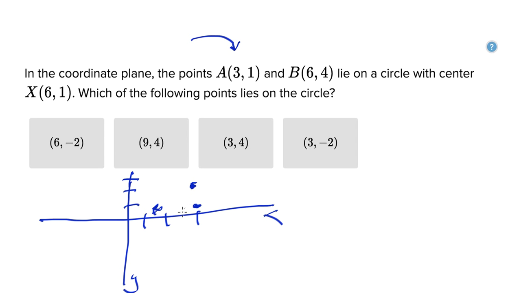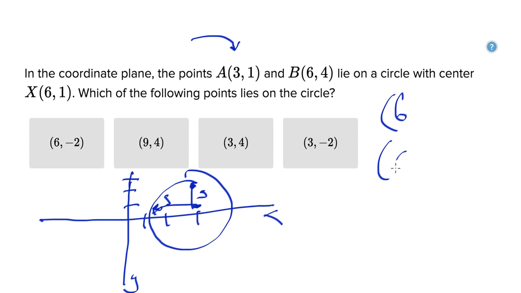And what you see is each of these is actually 3 points away from the center. Considering the y values first, from (6, 4) to (6, 1), a difference in y value of 3, where 4 minus 1 gives you 3.